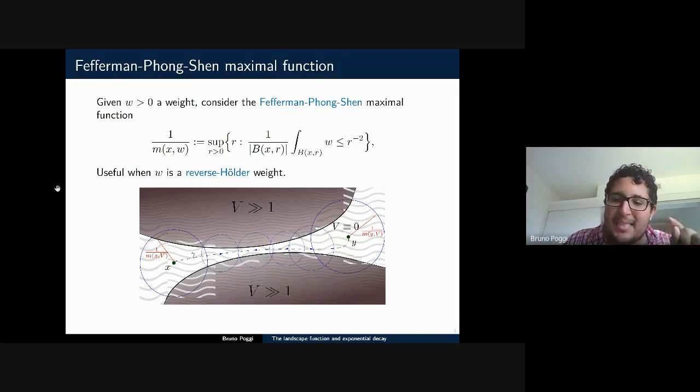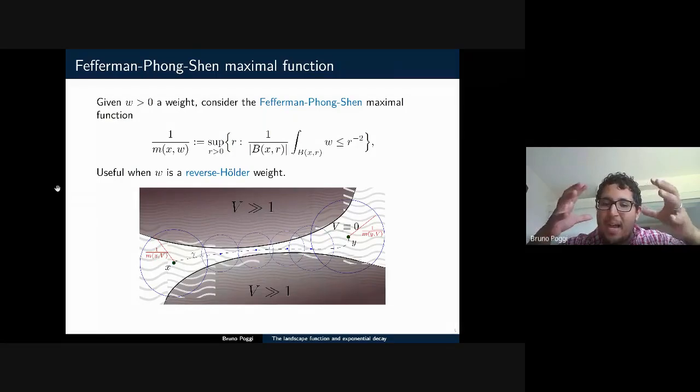So using the potential by itself is not quite right. The insight of Fefferman-Phong-Shen was to use this maximal function, which brings in the information from around the points, and that takes in a good amount of the potential that has to be used in the equation, right? Or in other words, it works at the scale of the equation.